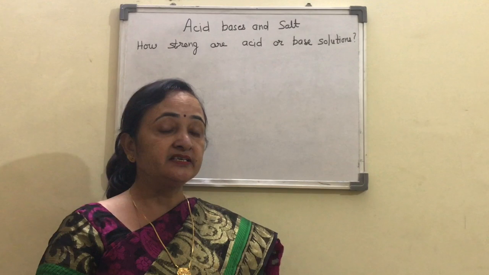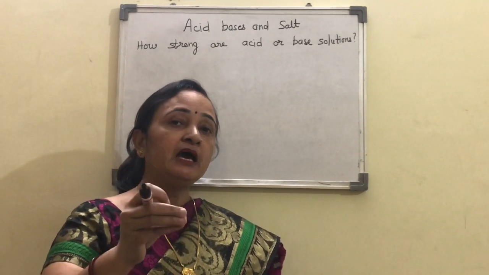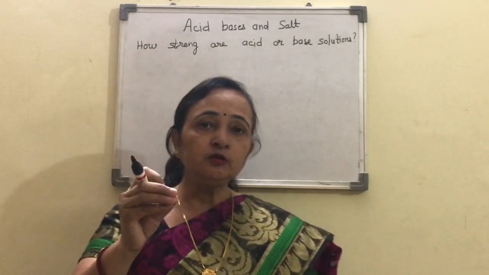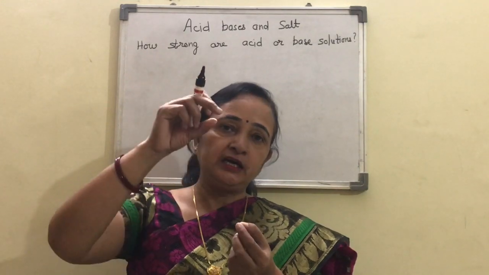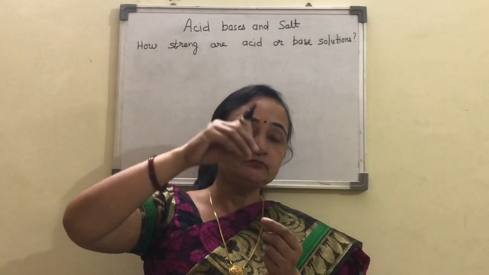Now the question arises, how can we find the pH value with the help of the universal indicator? For this, we will take a test tube, and in that test tube we will take any acid or base.